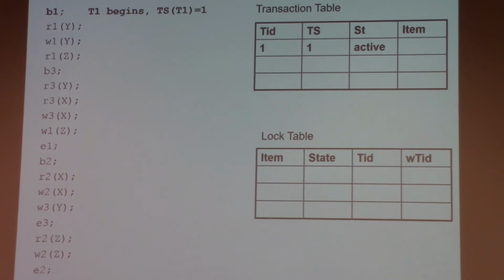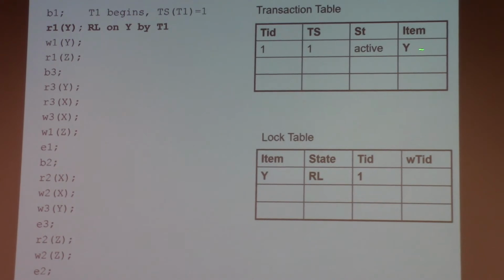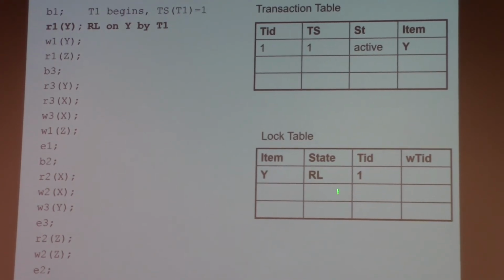When the transaction starts, you need to update the transaction table: TID 1, timestamp 1, with the active state. No item is locked yet. But when you read data item Y, T1 holds a lock on item Y, and then we update the lock table for the item.